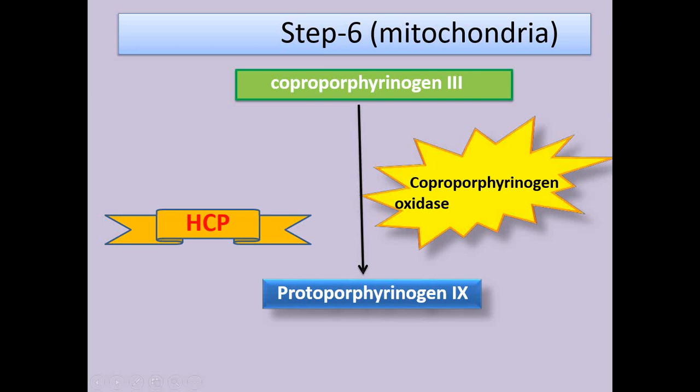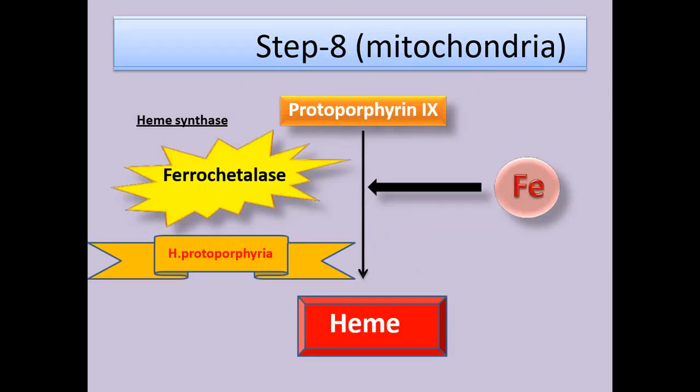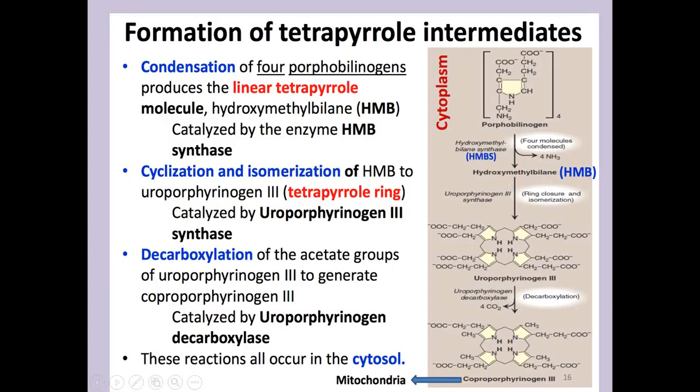This step occurs in the mitochondria. Then protoporphyrinogen 9 is converted by protoporphyrinogen oxidase into protoporphyrin 9. Then at step 8 in the mitochondria, protoporphyrin 9 incorporates ferrous iron by the enzyme ferrochelatase to form heme.